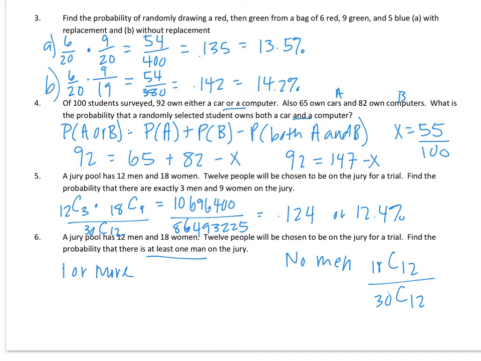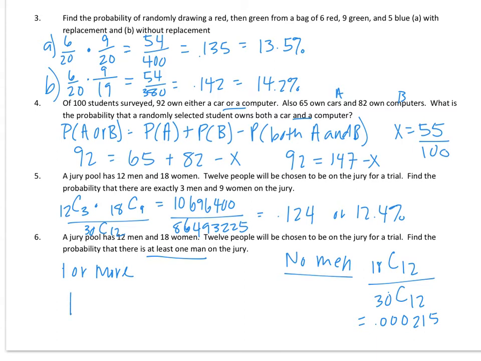and I'm just going to divide these right away. Is tiny. 0.000215. So now, this is the probability there are no men.